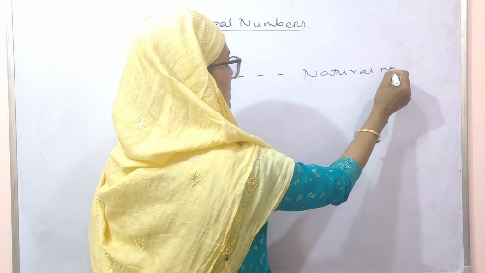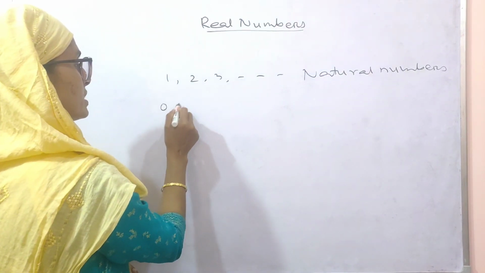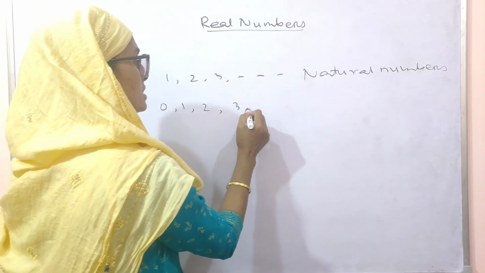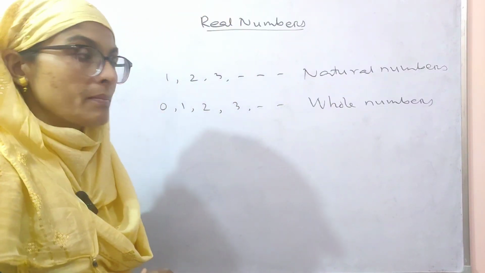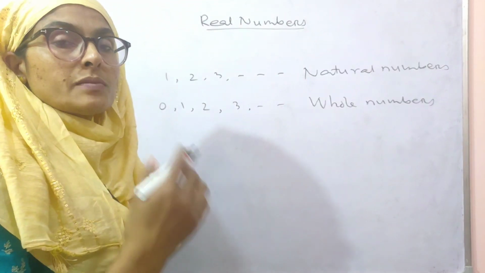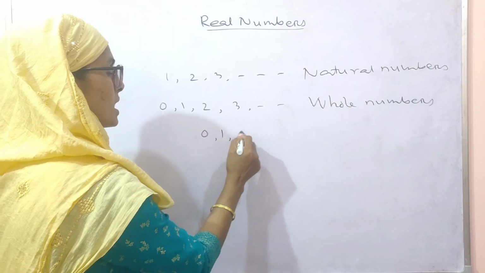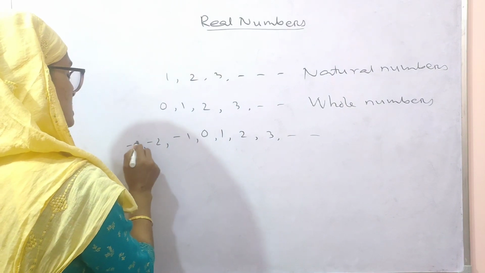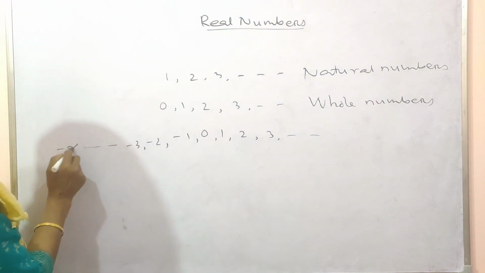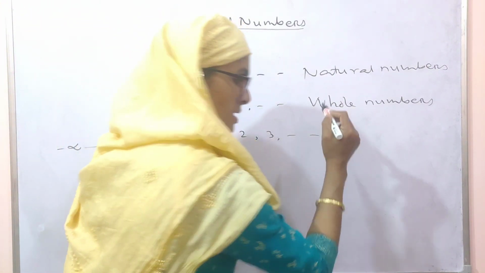From 0 to infinity, 0, 1, 2, 3, these are called whole numbers. Numbers both positive and negative: 0, 1, 2, 3, and so on, and minus 1, minus 2, minus 3, up to minus infinity and plus infinity.